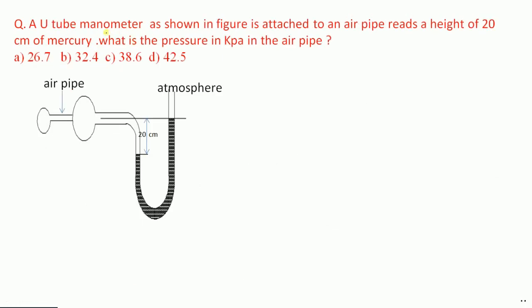A U-tube manometer, as shown in figure, is attached to an air pipe, and reads a height of 20 centimeter of mercury. What is the pressure in kilopascal in the air pipe?